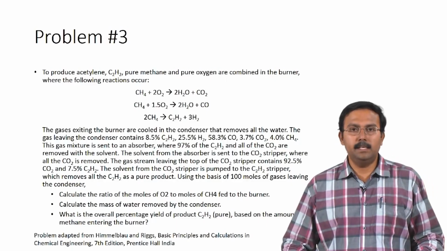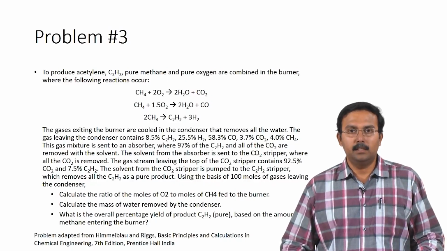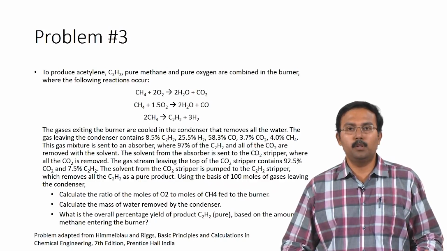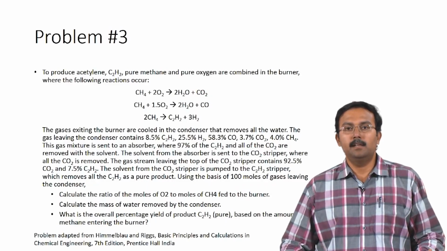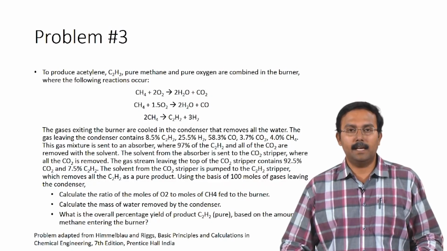To produce acetylene, pure methane and pure oxygen are combined in the burner where the following reactions occur: methane reacts with 2 moles of oxygen to produce carbon dioxide and water, methane reacts with 1.5 moles of oxygen to produce 2 moles of water and 1 mole of carbon monoxide. 2 moles of methane is dehydrogenated to form acetylene and hydrogen gas. The gases which are exiting the burner are cooled in the condenser, which removes all the water.